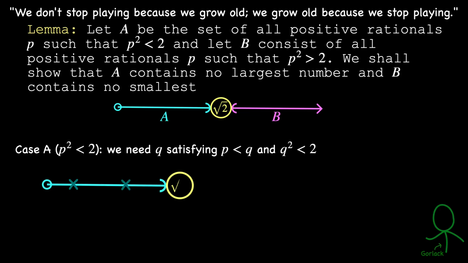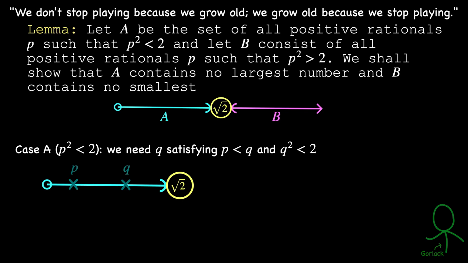In the initial scenario, our goal is to identify a q larger than p, ensuring that q squared remains less than 2. Take a moment to consider the requirements for the second scenario when p squared exceeds 2.